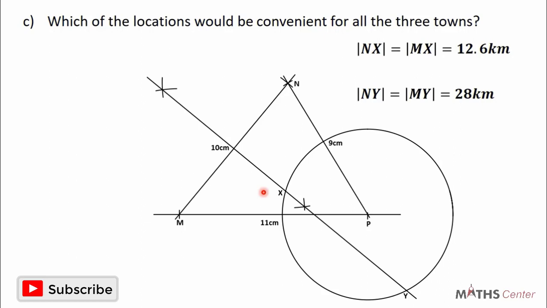So in order for the market to be closer to all the three towns, we will have to select point X as the location for the market.